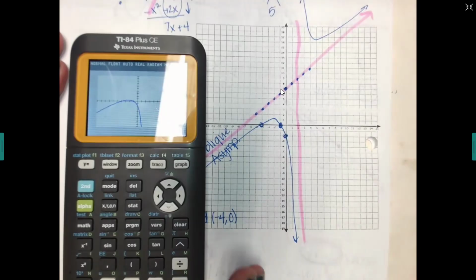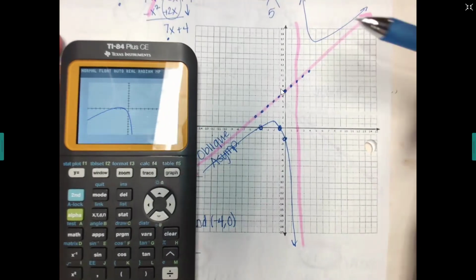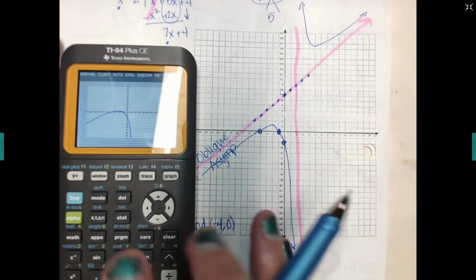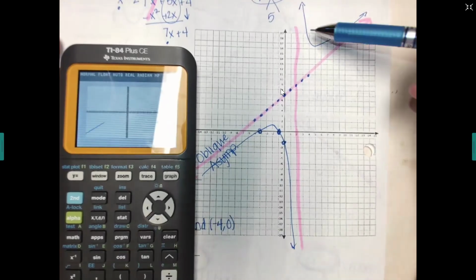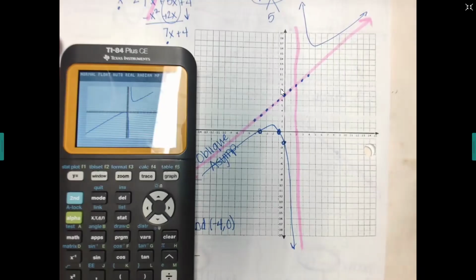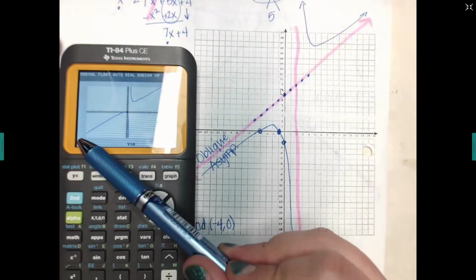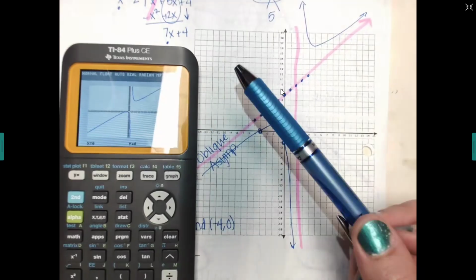Actually, I'm noticing on the calculator, do you see how you can't see this second piece? If you hit zoom out, then you'll be able to see this second piece up here. You can just look at mine if you don't want to zoom out on yours. But you're always going to have multiple pieces. And do you see how your edges form a slant? It's because you have a slant asymptote.